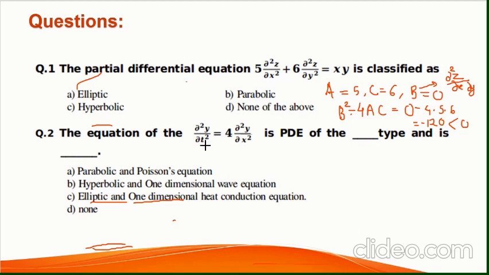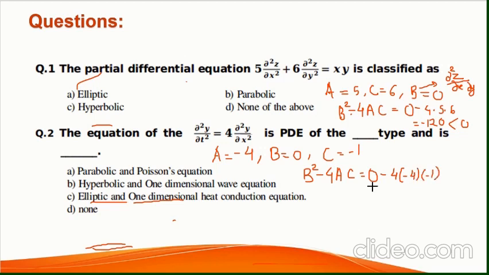Here the value of A will be, suppose, −4, the value of B is 0, and the value of C is −1. Hence B² − 4AC is 0 − 4 × (−4) × (−1), and sorry, it will be plus 1 because we have considered the −4.